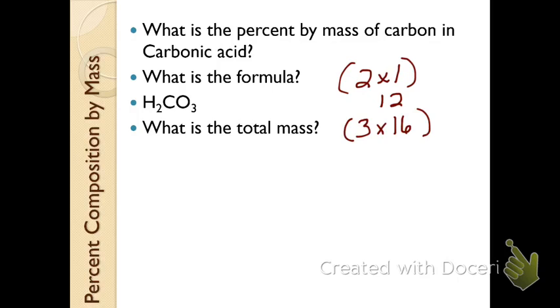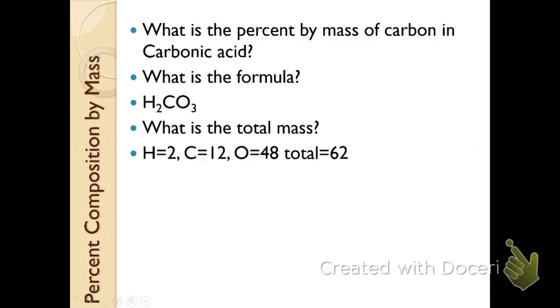Clear your calculator. Open parentheses, 2 times 1, just to follow the process, plus 12, plus, open parentheses, 3 times 16, close parentheses, is equal to, and we should get an answer that is 62 grams per mole, or the total mass of 1 mole of H2CO3 is equal to 62.